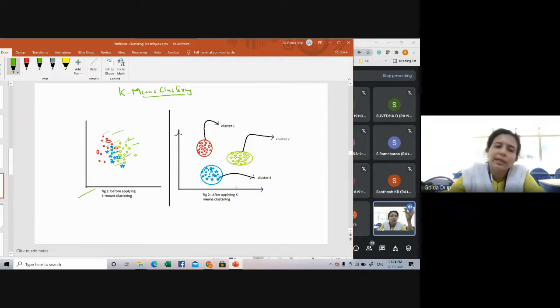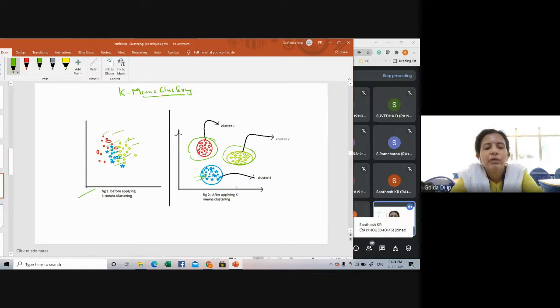For example, all the carrots will be bundled together, all the fruits together, all the beans together, all the potatoes together. So you will find that they are forming a group or a cluster, a cluster of vegetables, where vegetables are kept within their kind of group. That's basically the concept of clustering, k-means clustering.